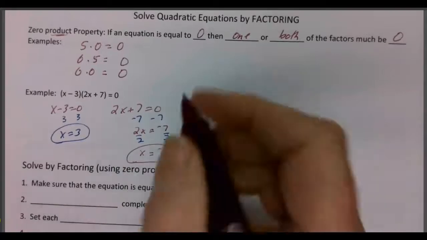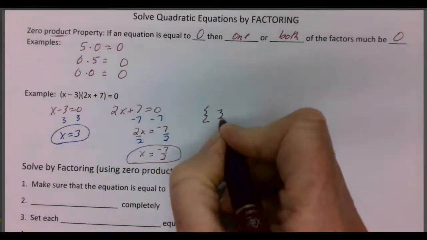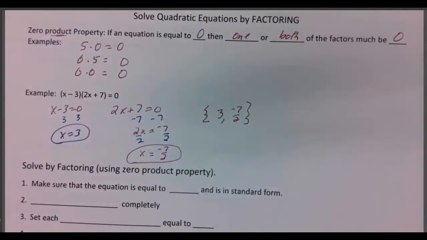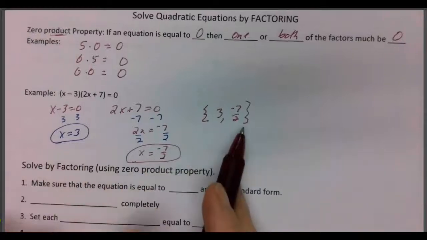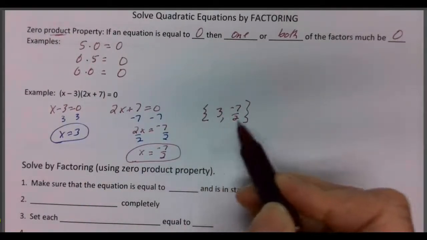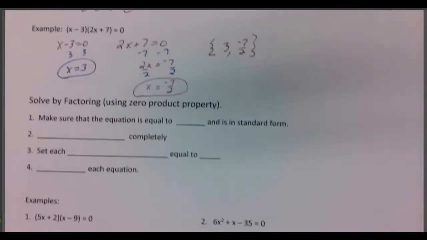And a lot of times you'll see that we write the solutions in set notation. It just depends on the teacher, the class, the book you're using, whatever, on how you write it. These are your 2 solutions. We can write them in set notation. Now, it's really important that you don't put parentheses because that would be an ordered pair. So make squiggly lines so you know that this is set notation and not an ordered pair.